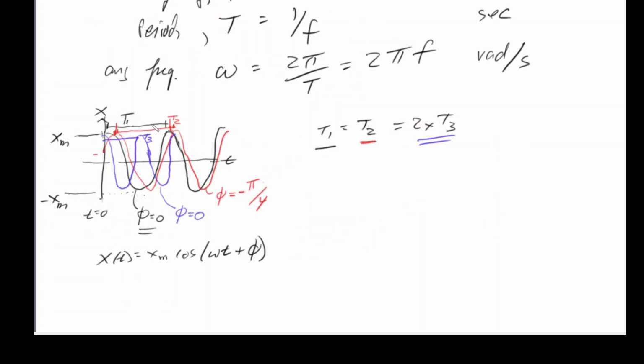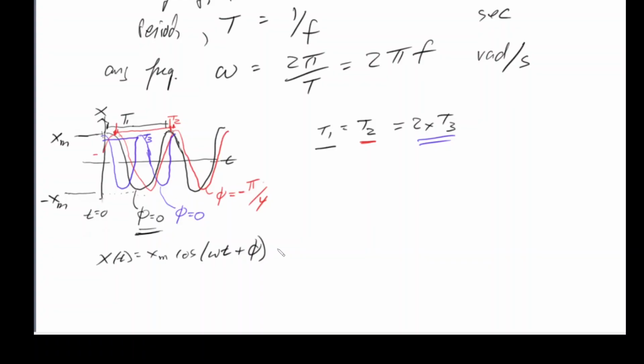I graphed out the equation x of t equals xm cosine omega t plus phi to show how the terms apply in the graph. So for the black line, phi is equal to 0, and the cosine peak starts at t equals 0, and you can see it has a period of T1.